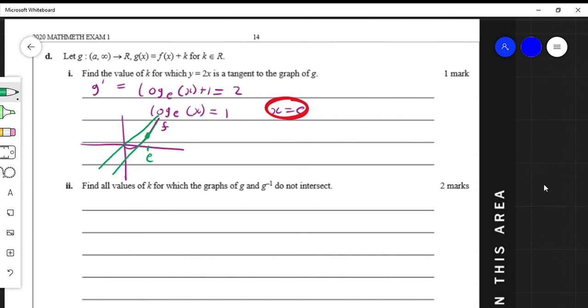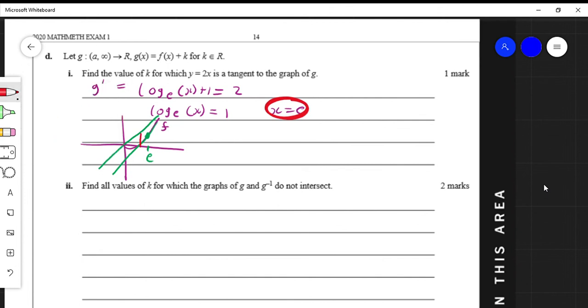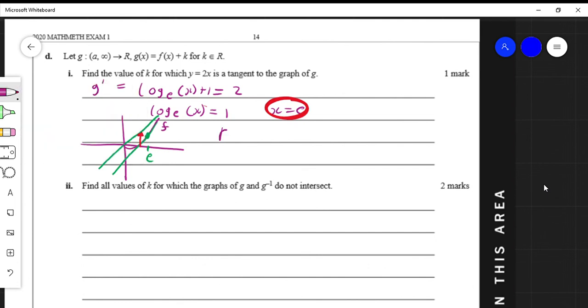So we need to shift the graph up by a certain amount, so that these two lines kind of cross here. And the way we can do that is just by shifting it by k units up. So we say that k equals e.